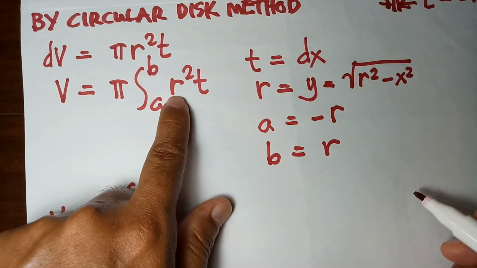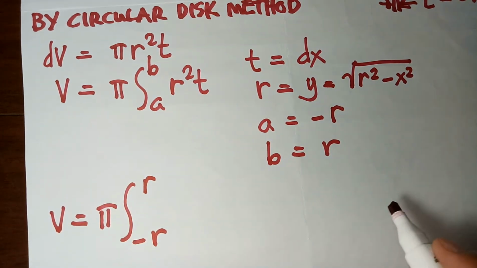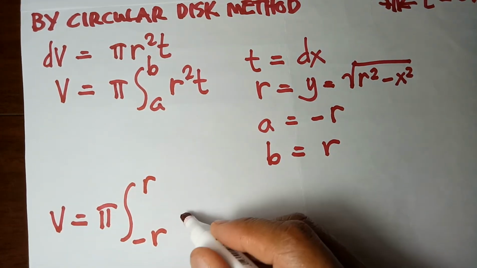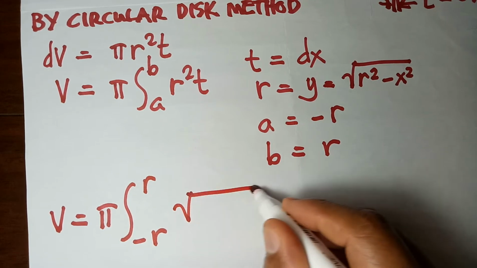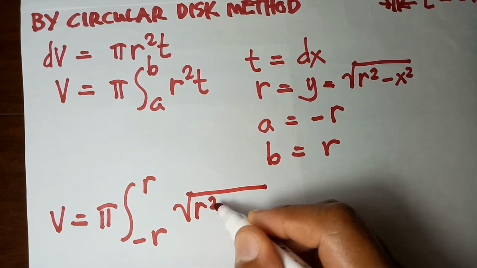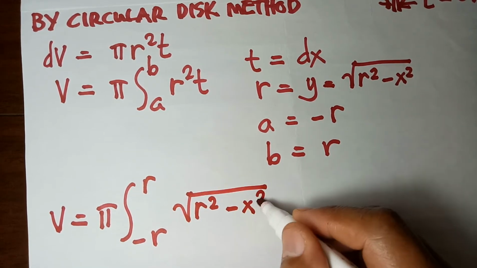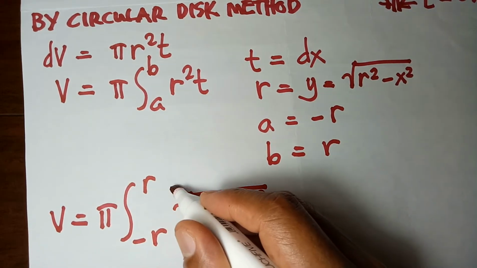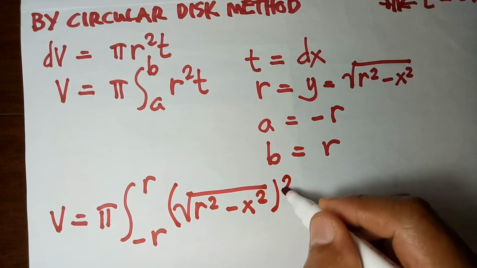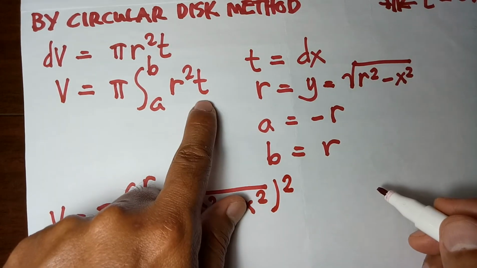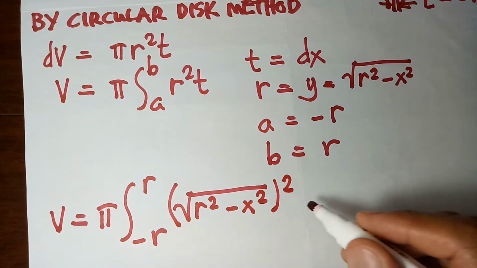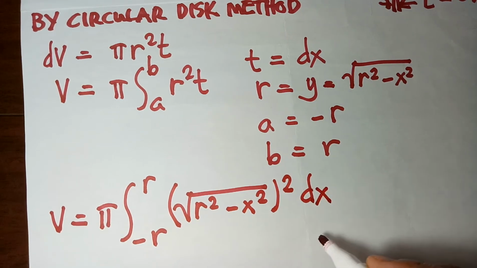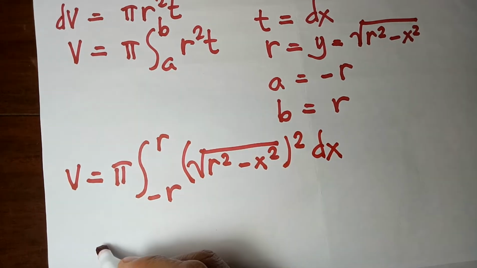And then we have square root of r squared minus x squared, and then squared, no? So kinakailangan natin square to. And then times the thickness dx. So times dx.